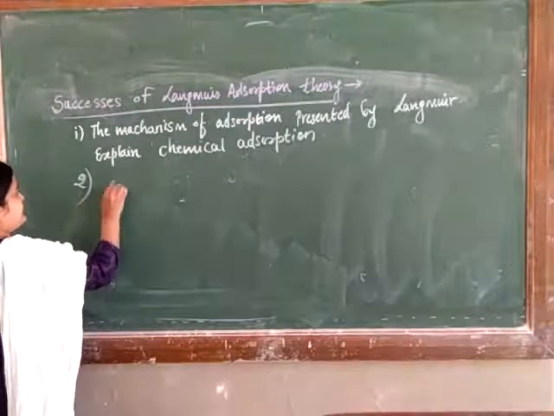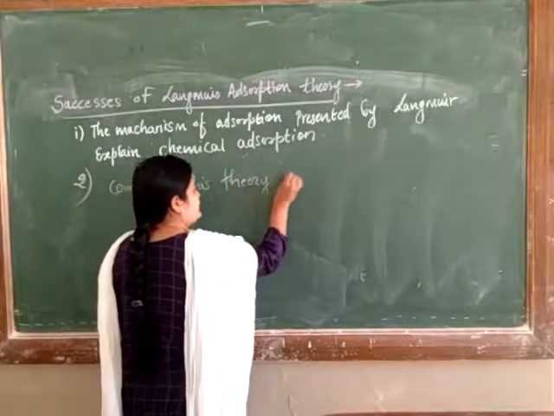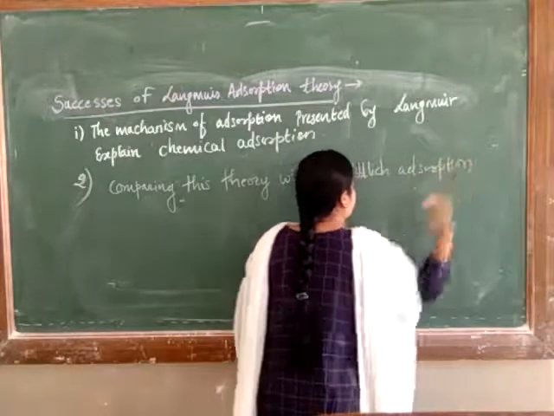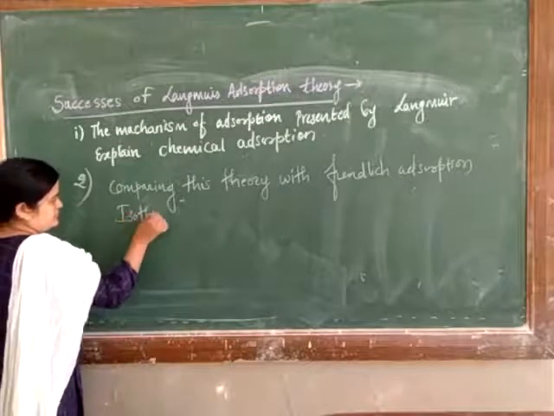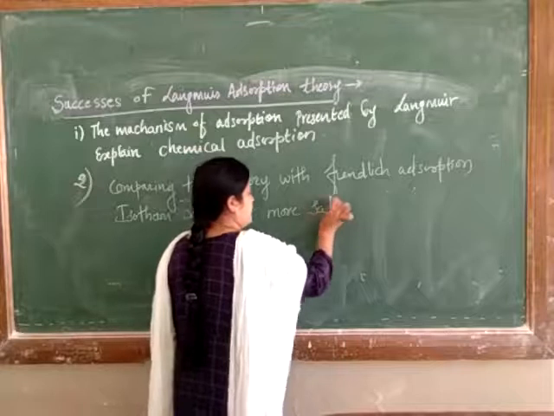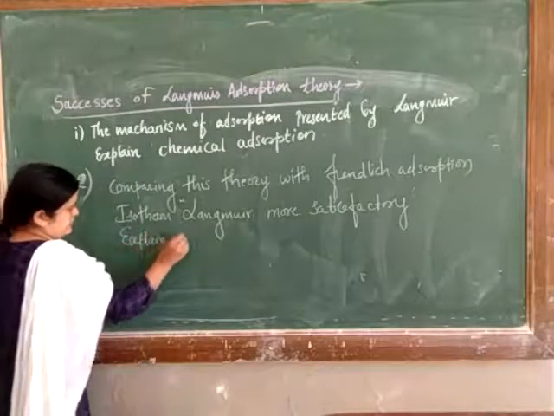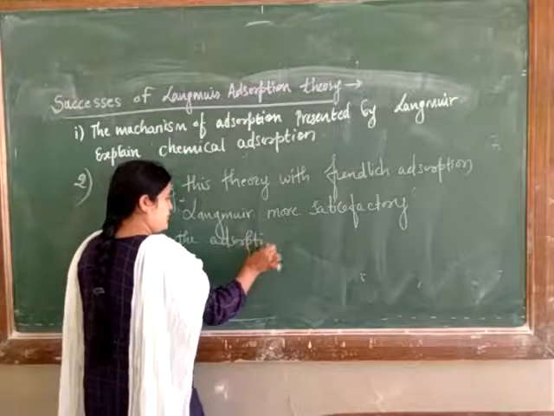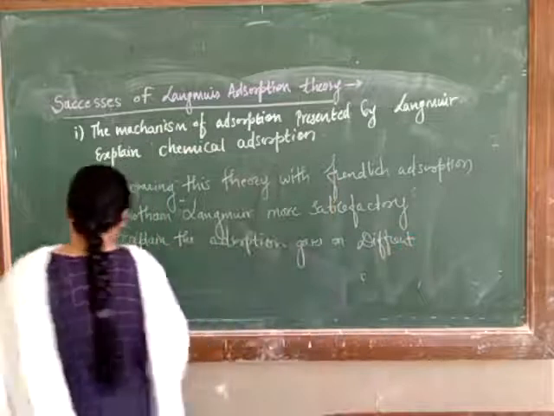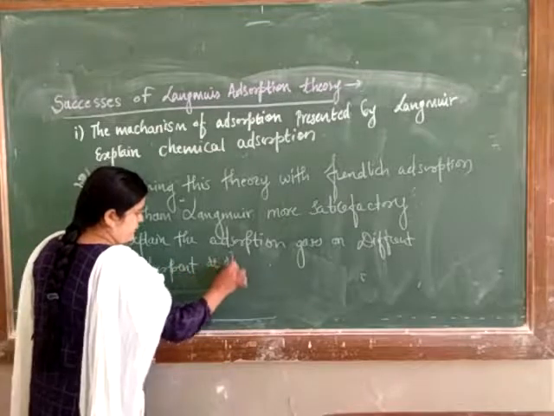When comparing this theory with the Freundlich adsorption isotherm, Langmuir more satisfactorily explains the adsorption of gases on different adsorbents, that is, physical adsorption.